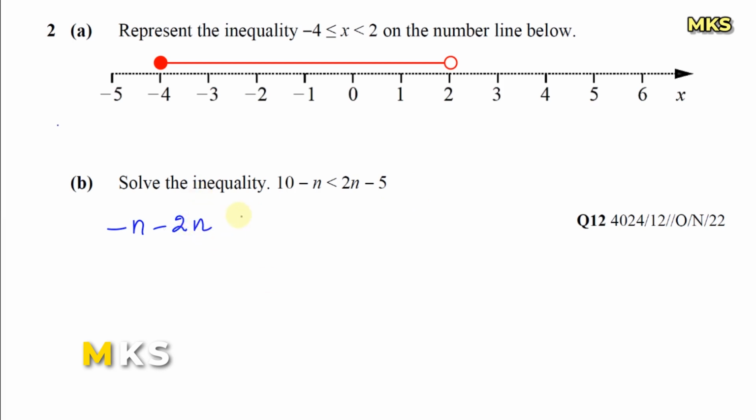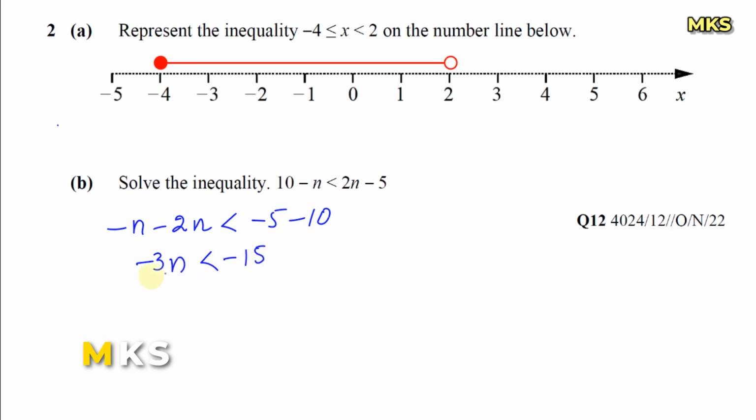And then minus 3 by shifting 10 from left to right, it will become minus 10, because the sign of 10 on the left side is positive. This negative sign is the sign of n, not 10. So we simplify. That will become minus 3n is less than minus 15.